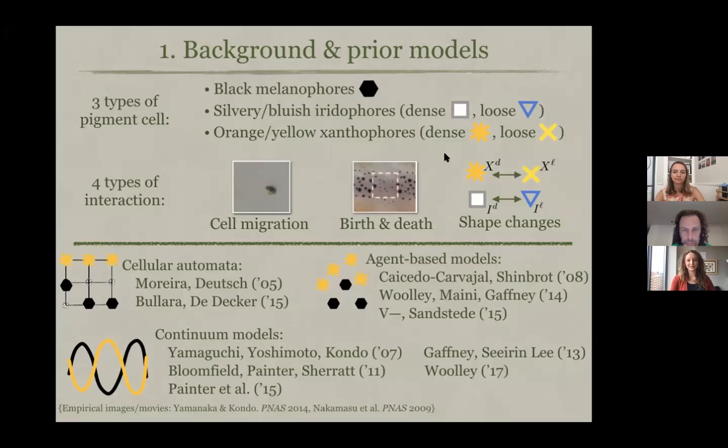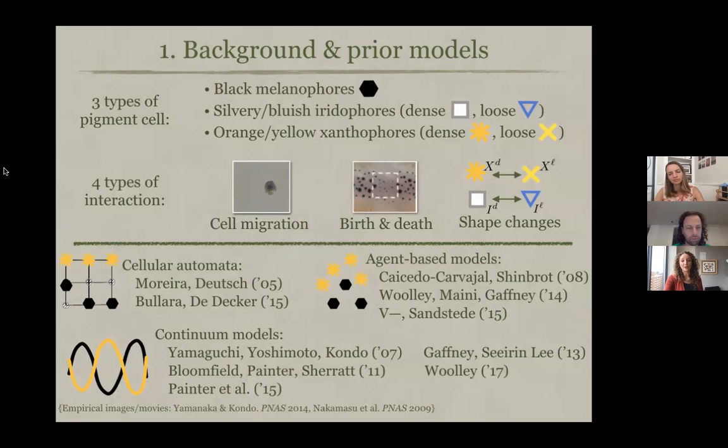And so I think these general types of interaction, of movement, changes in the number of agents in your model, and also changes in the types of agents in your model, could be present in all sorts of self-organization applications. And just in case you're interested in knowing more about the prior models of zebrafish, I've highlighted the cellular automaton, discrete space, agent-based, and continuum models from the last 2 decades.